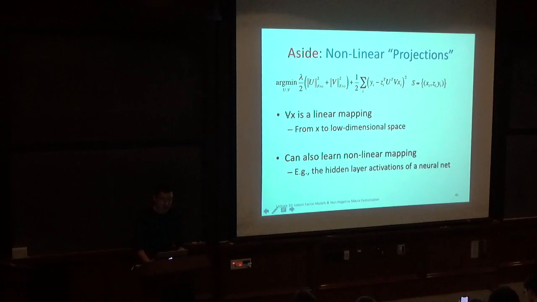So imagine that we have a function that projects your raw data description of an item to some low dimensional space. If that function is linear, it looks like Vx. If that function is nonlinear, it's just some nonlinear function. I could, for example, take a deep neural net and take the last hidden layer of activations and have that be my low dimensional representation. And in fact, people do that for stuff like this.